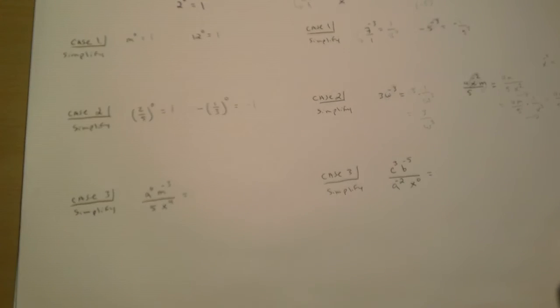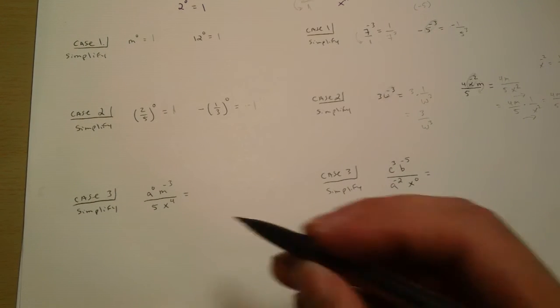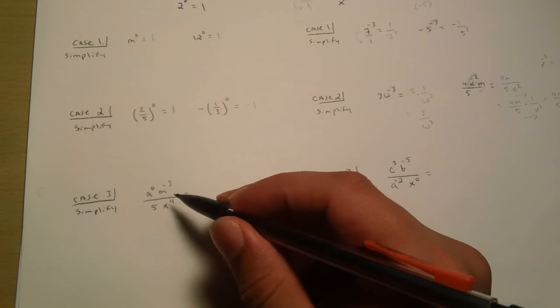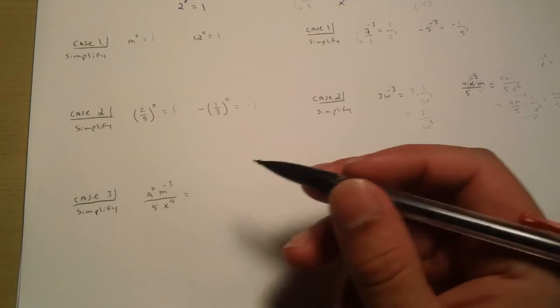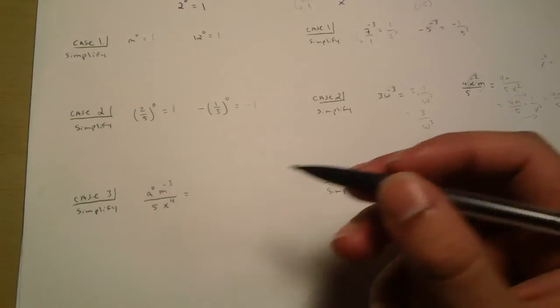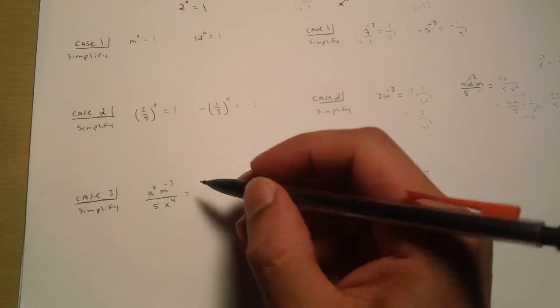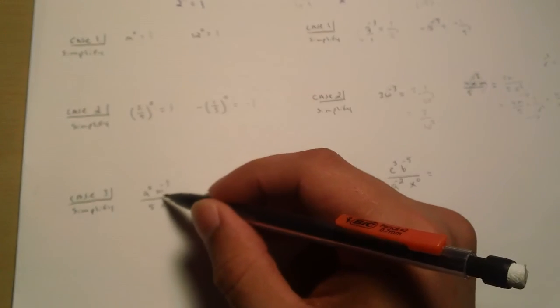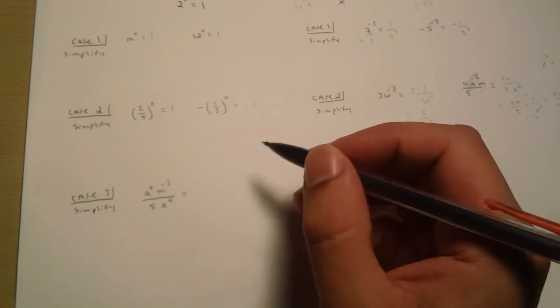Alright. So going back to our case 3s, whenever there are multiple variables involved, always try to look for the zero exponent, since it wouldn't change the answer in the end, as it's just 1 multiplied by whatever is also in there. Then we have a to the 0 times m to the negative 3 power over 5x to the power 4.